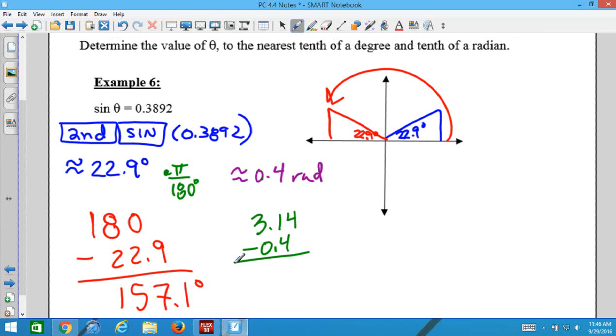And I get 2.74. And then they ask us to round to the nearest tenth, so I guess 2.7. So you see how I'm just doing it in radians, the second part. The first part you definitely would want to convert. We're not thinking that in radians, but the second part you could just do in radians.